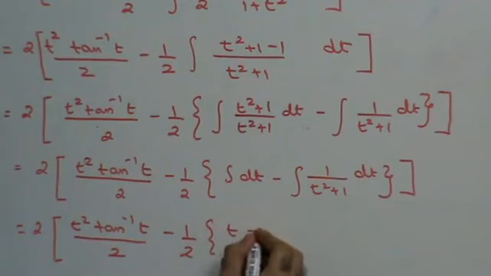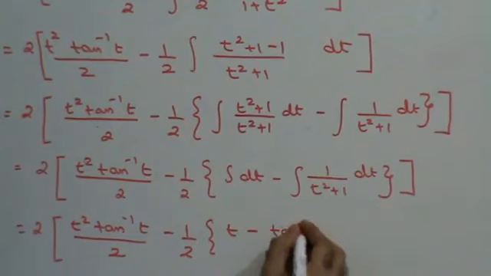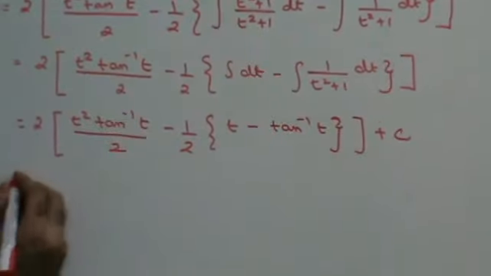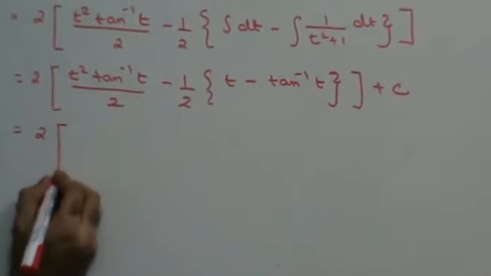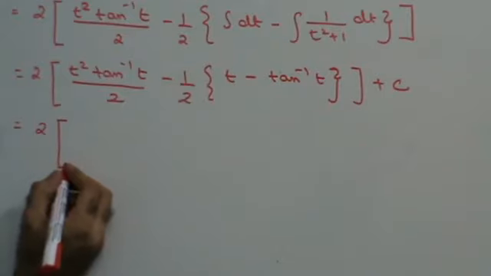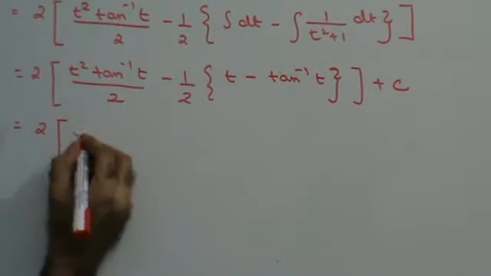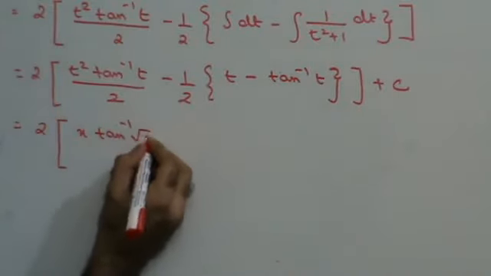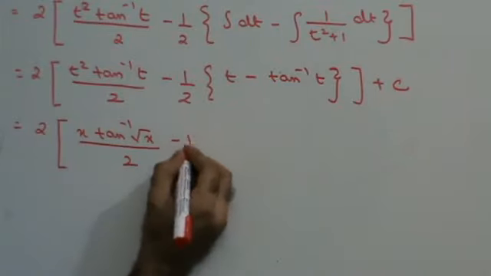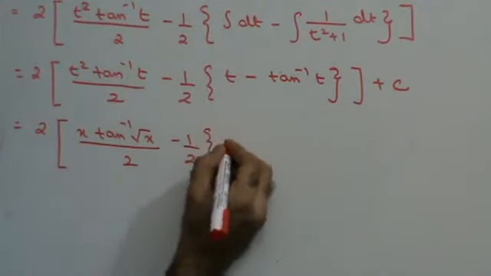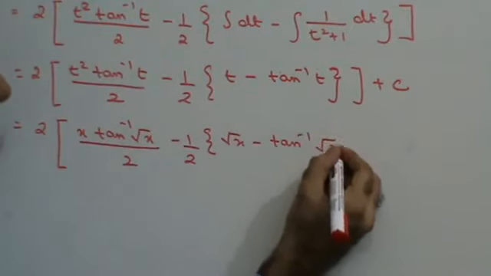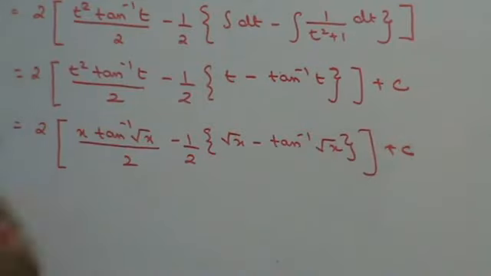The integral of dt is t, minus the integral of 1 upon t square plus 1, which is nothing but tan inverse of t, plus c. Substitute the values: t can be written as root x. So this is going to be root x the whole square, that is x, tan inverse of root x upon 2 minus 1 upon 2. This is root x minus tan inverse of root x plus c. Open the brackets.